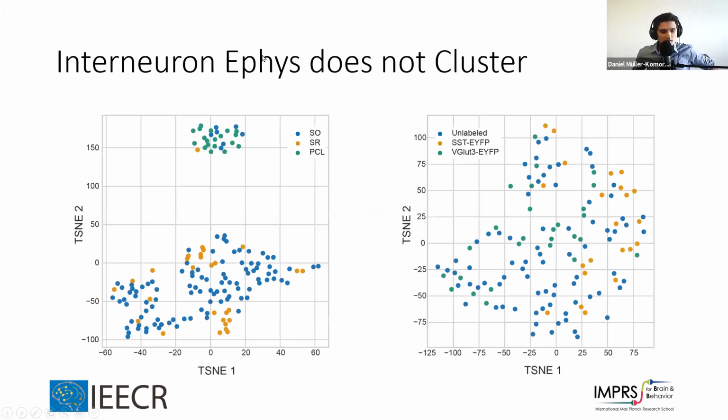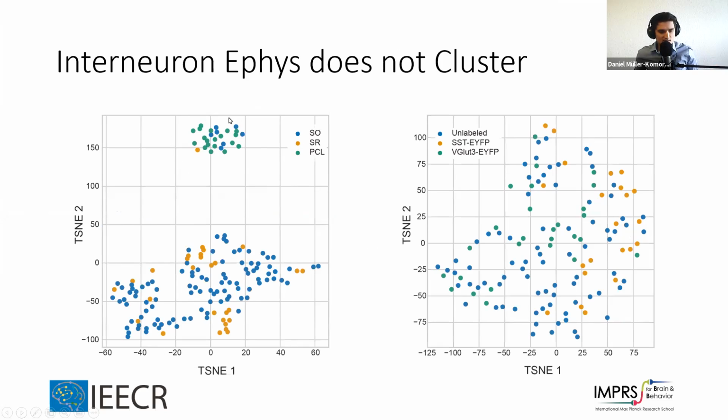So first of all, it's interesting to do dimensionality reduction on those 28 electrophysiological parameters. The first finding, which was anticipated, is that there is a clear cluster that contains all the cells from the pyramidal cell layer. So these are the putative pyramidal cells.